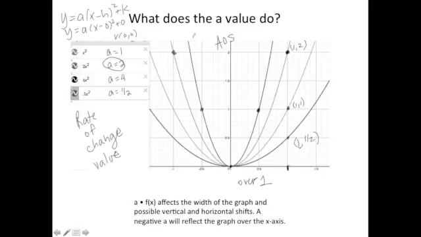Another thing that is significant for you to notice here, and I'm glad I labeled it here, A is 1/2, A is 1, A is 2, and for the black, A is equal to 4. In case you haven't noticed, as A gets bigger or increases, as A increases, your parabola gets skinny.